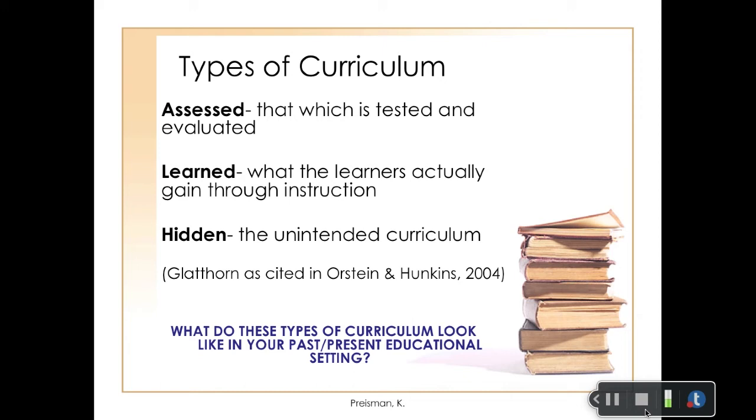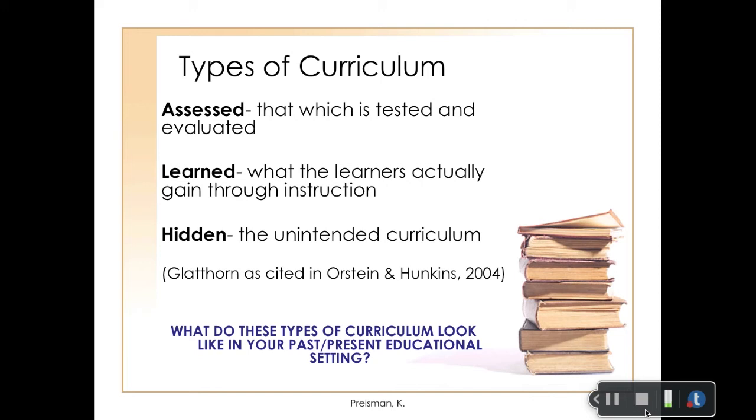And then on this next slide, we have the assessed curriculum, that which is tested and evaluated. And then we have the learned, and here's where we get to the good stuff: have we really done our jobs? What are our learners actually gaining through our instruction, through this implementation of the curriculum?